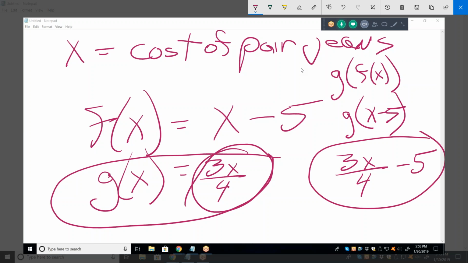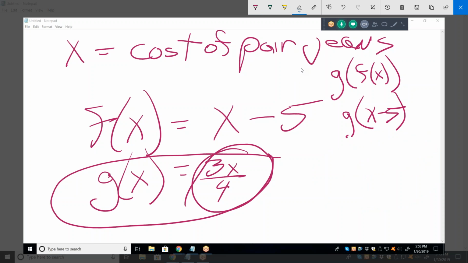Okay, so in other words, the rule says, hold on a second, I did this wrong. Sorry, just a second. Let me fix it real quick. The rule says that I'm going to plug x minus 5 into the g function. So let's write it like that. It's 3 times x minus 5, all over 4.